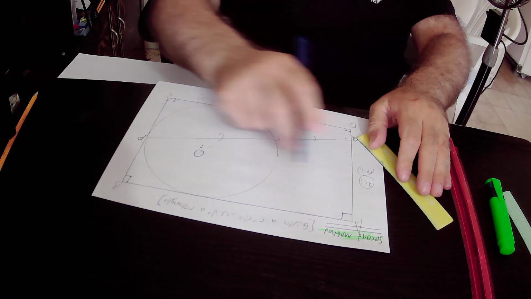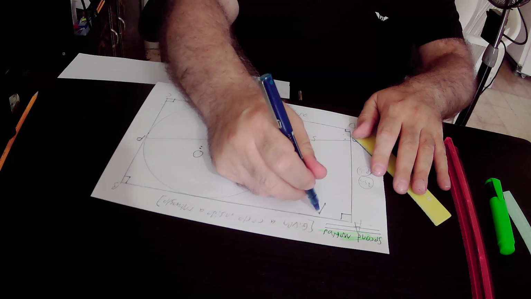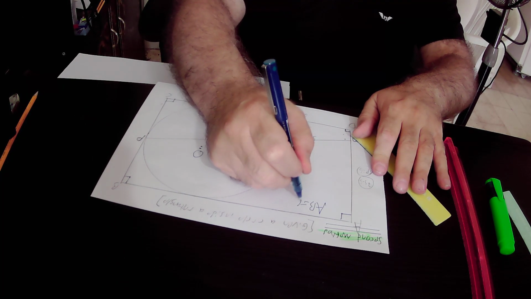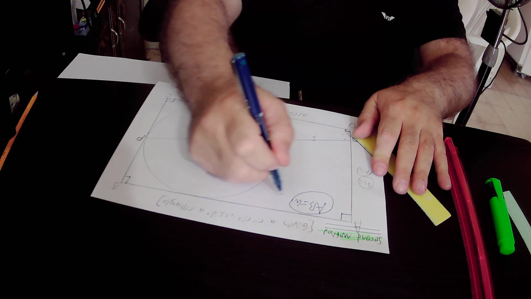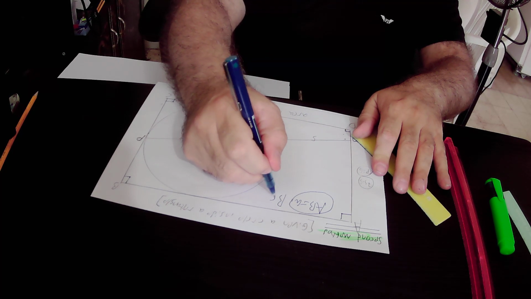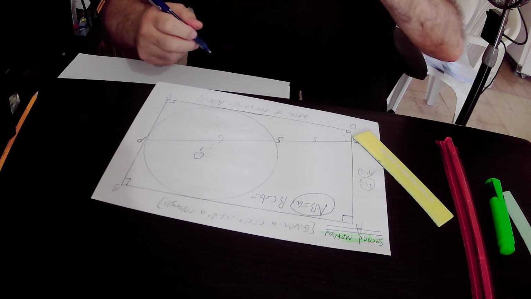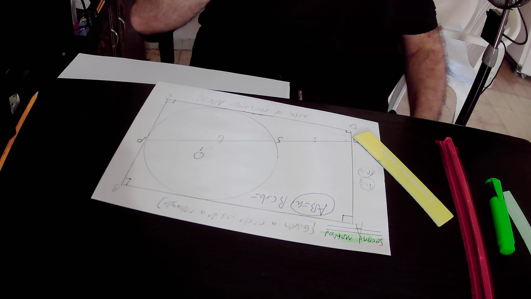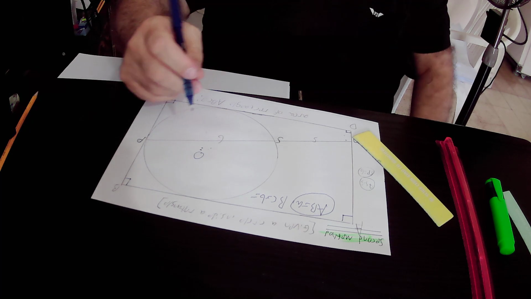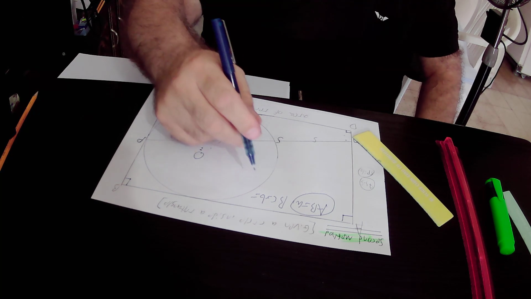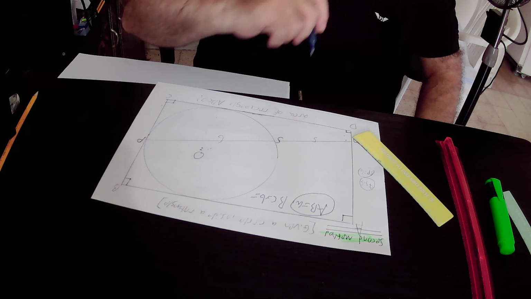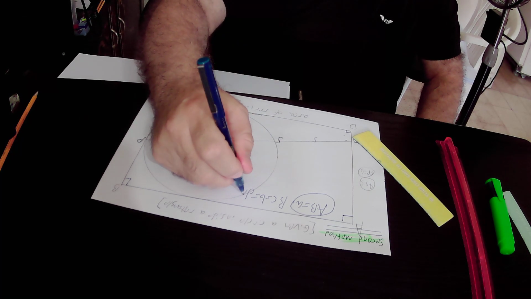We'll define side AB of rectangle ABCD as A. We'll define the width BC as B. And as I already mentioned in the first method, BC, which is equal to B, is also the diameter of the circle, so I write it down.